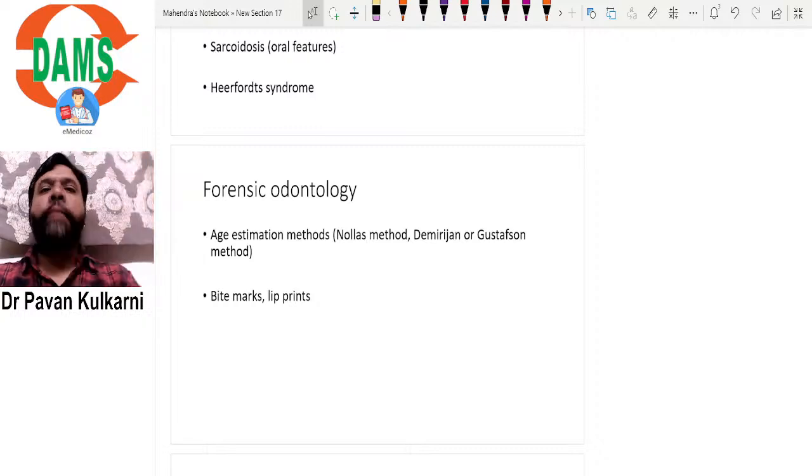Gustafson's method criteria are very important. And you can get questions on bite marks and lip prints. For bite marks, you require an impression material called polyvinyl siloxane. And a bite mark can be measured by a scale called ABFO No. 2.